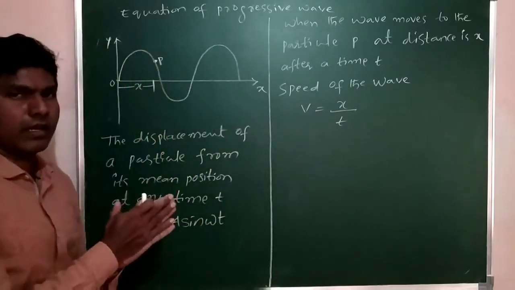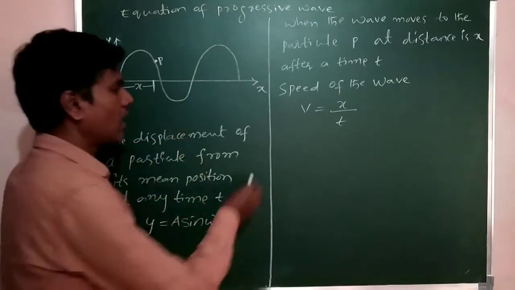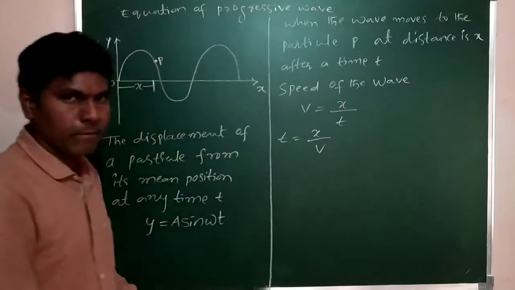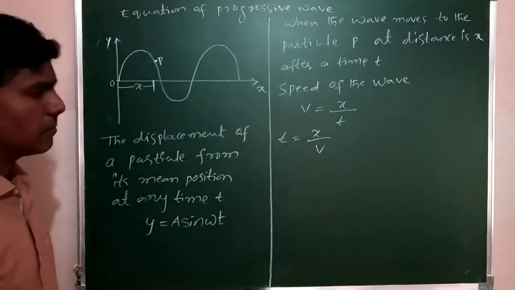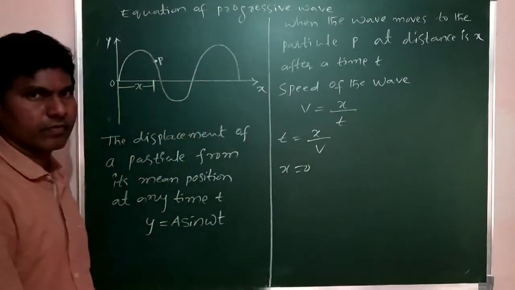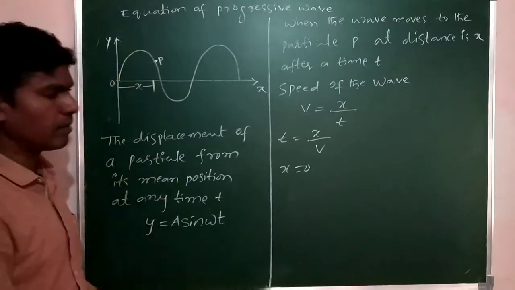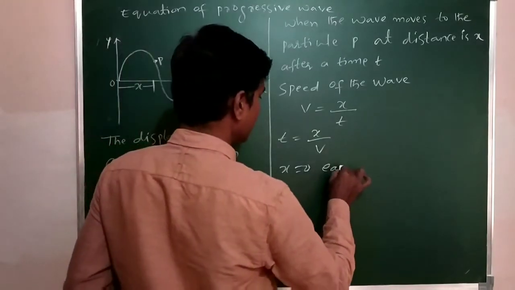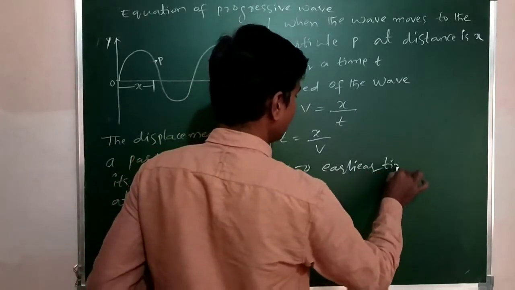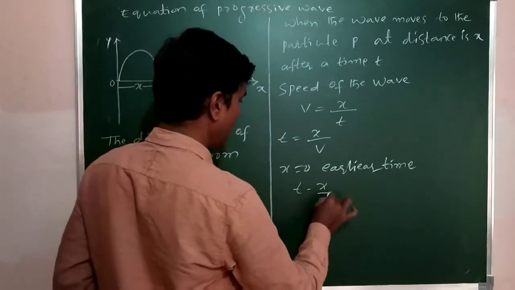Now the time taken to travel along the x-axis is t equal to x by v. At x equal to 0, the distance is 0, and we consider the earlier time. The earlier time is t minus x by v.